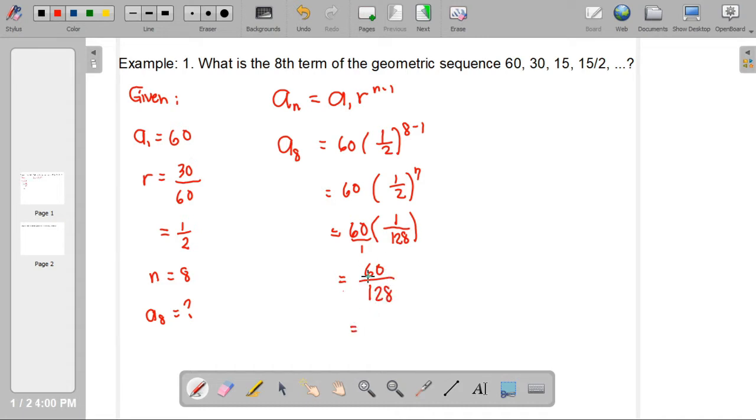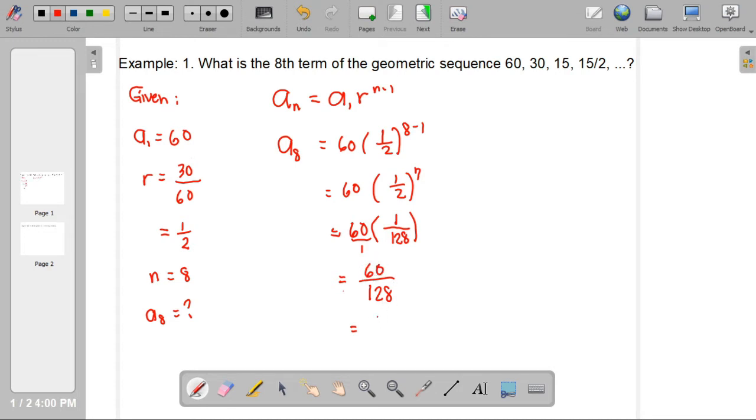Now, what is the common factor of the two? Very good. It's 4. So we divide this by 4.